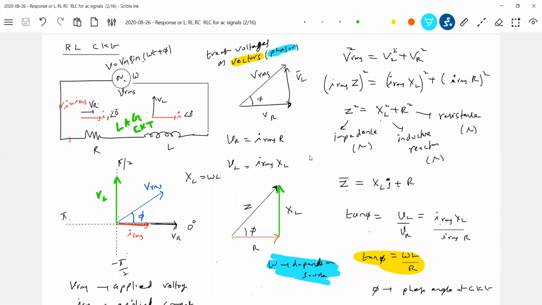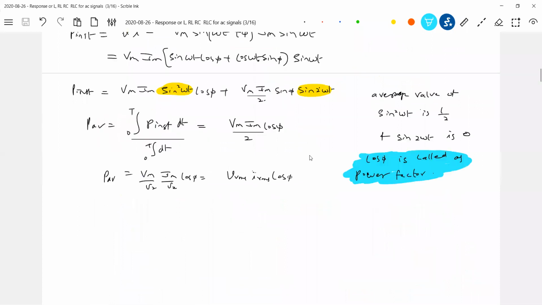Though varying current and varying voltage are there, we still express everything in terms of Vrms. That's what we concluded in the beginning here. Okay, I got this one.